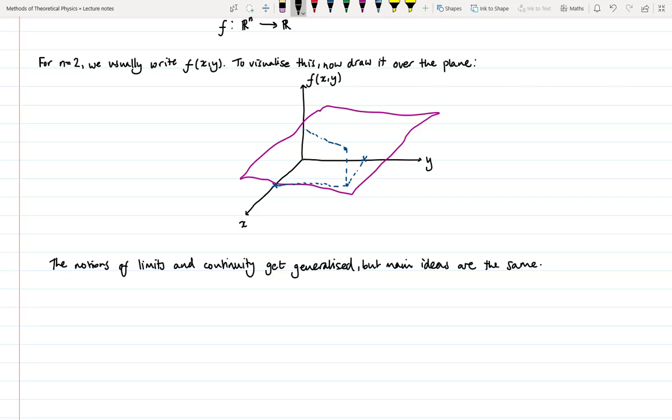For what comes next, we're going to need to understand what a partial derivative is. So next we want to look at partial derivatives with respect to the variables x and y, will be useful.